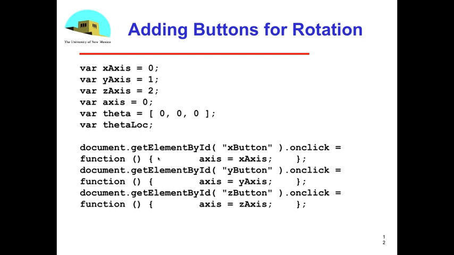Here's how I set up the buttons; it's really simple. This is the JavaScript side. The HTML side is exactly as we've seen before. All it does is say if you click the X button, make the present axis be the X axis. If you click the Y button, make it the Y axis. And if you push the Z button, make it the Z axis, and then that's conveyed to the render function, and the render function will increment the angle in theta corresponding to what axis is set to, and then send the whole theta over as a uniform variable, and then draw everything.